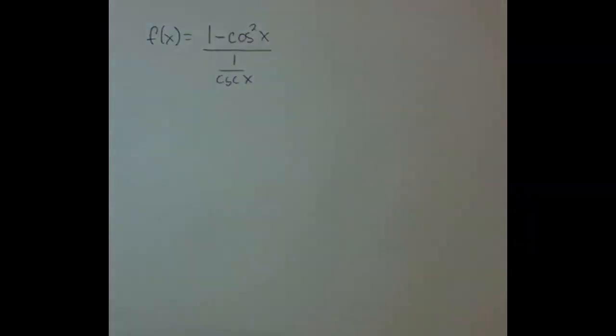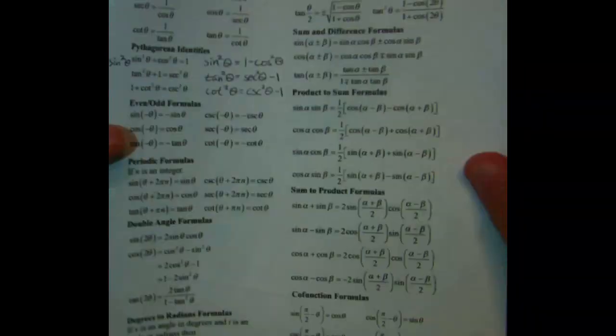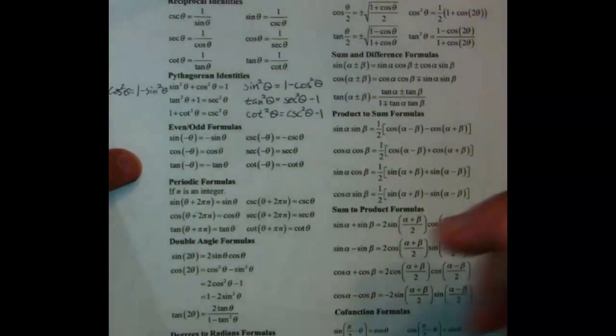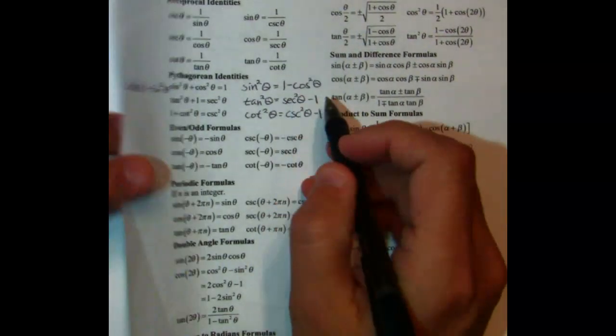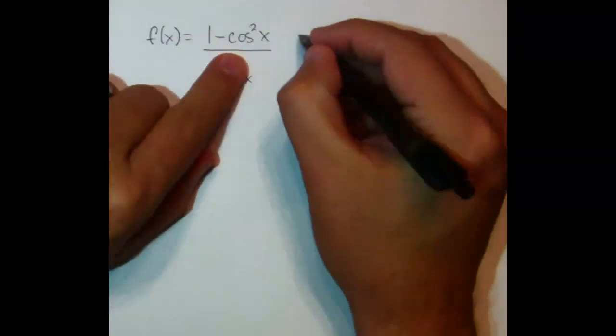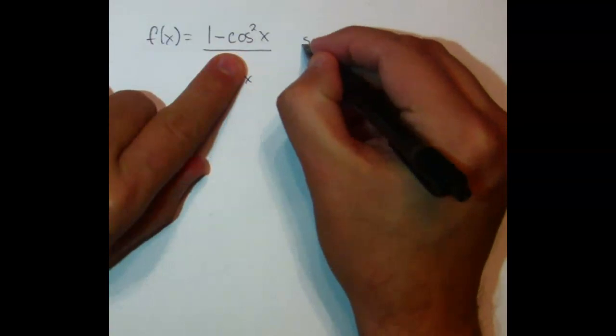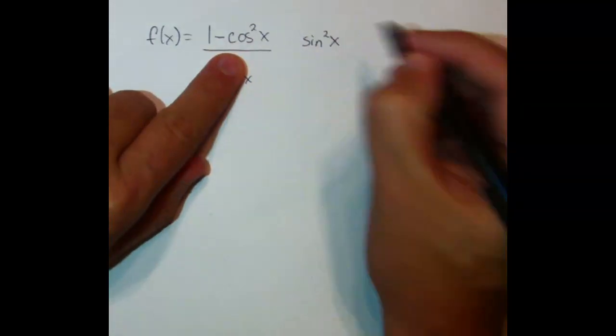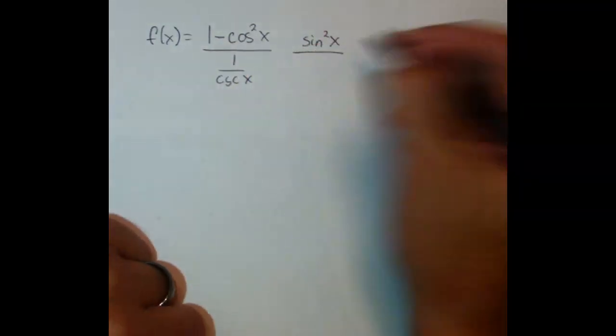Alright, so let's look at 1 minus cosine squared x. So we bring out our little chart. 1 minus cosine squared x is sine squared x. So let's replace this with sine squared x over.